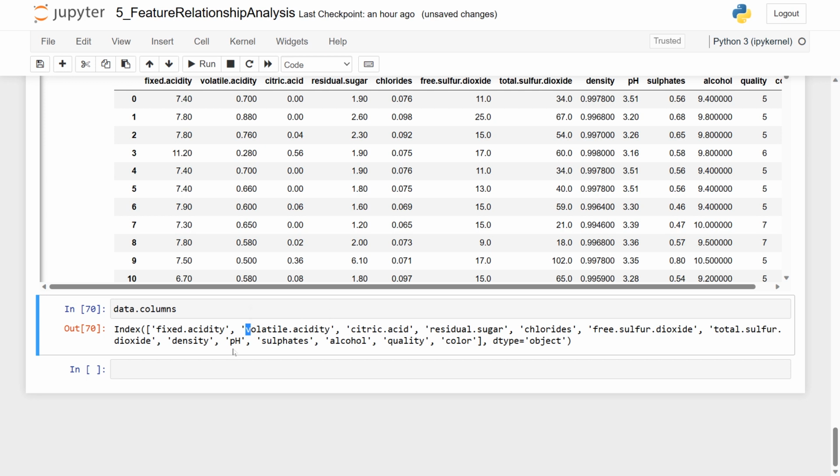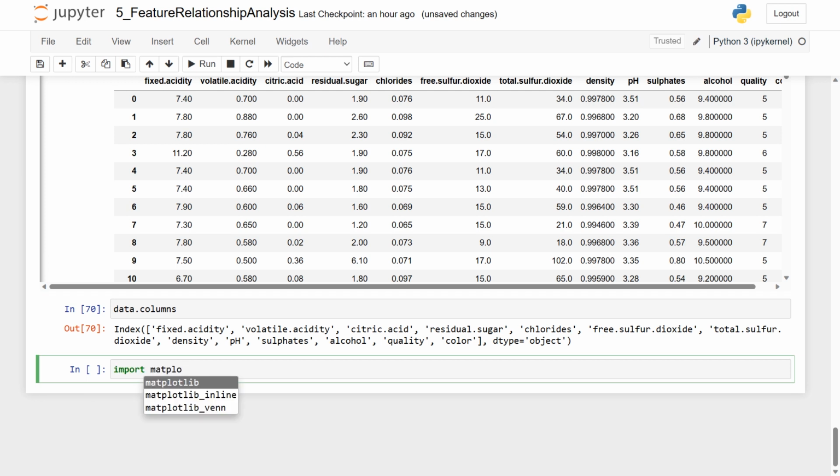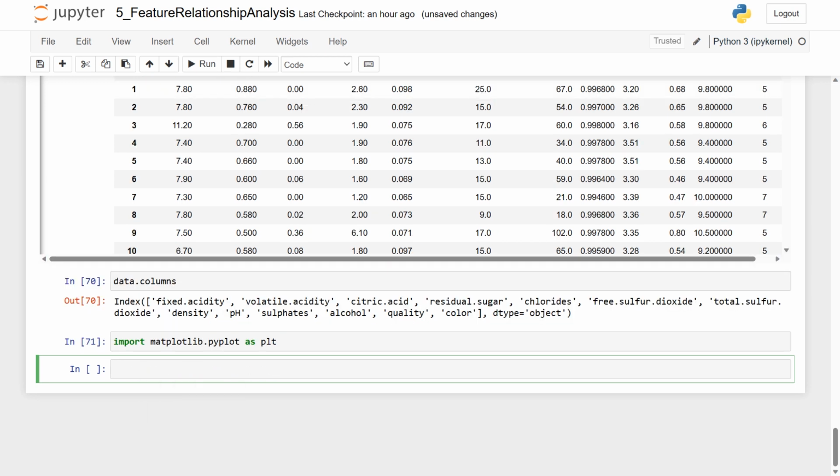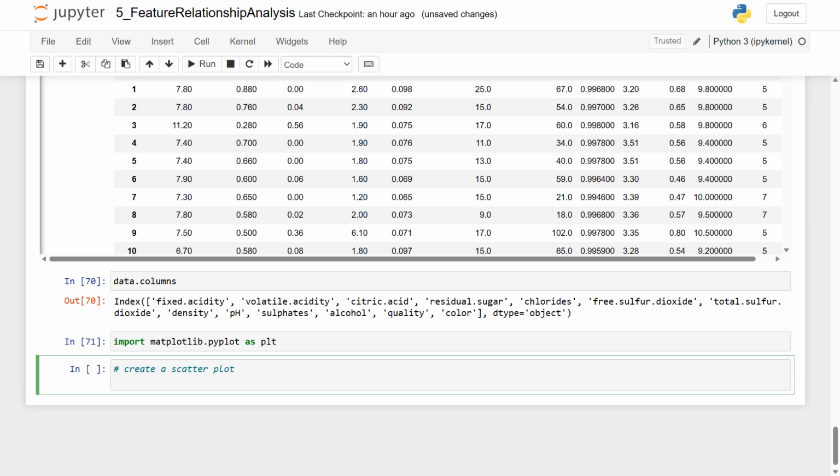Obviously, to do that we need to import matplotlib.pyplot as plt. So let's create a scatter plot: plt.scatter.